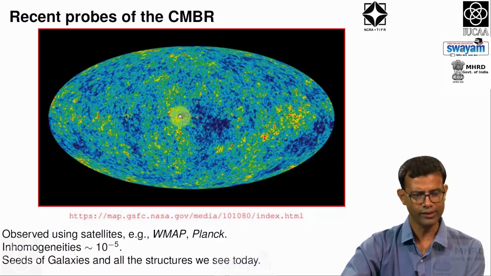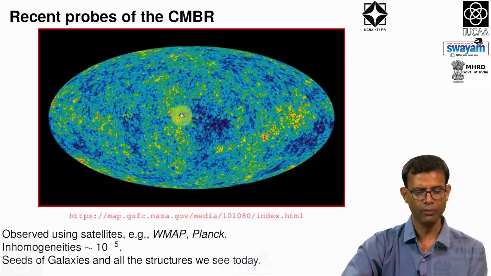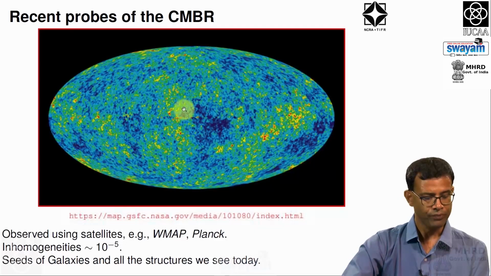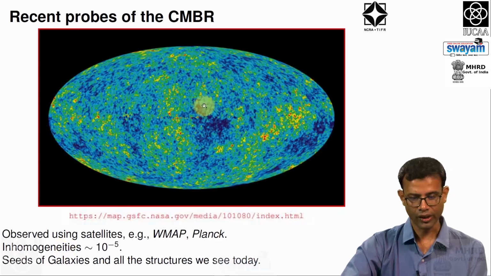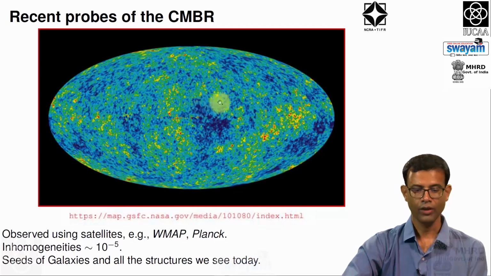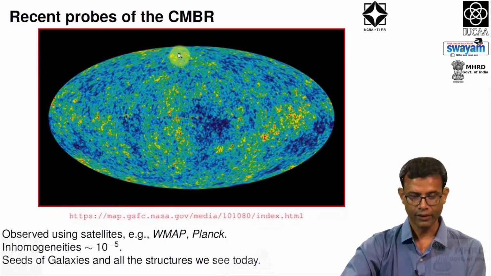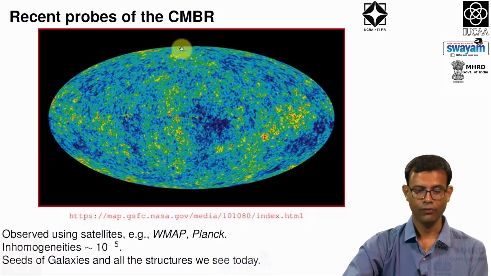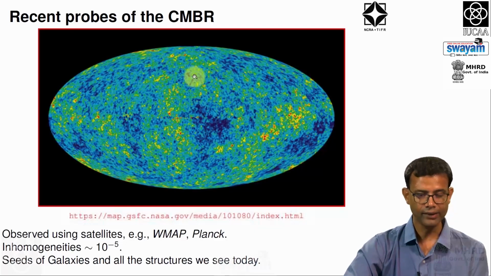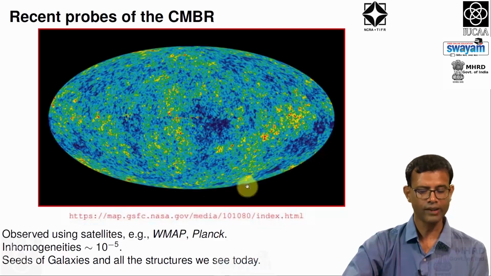These inhomogeneities are extremely important because they actually act as seeds of all the structures we see around us today. Small inhomogeneities at early times during the CMBR would have grown and ended up forming galaxies and clusters of galaxies, the large scale structures, and all the structures we see around us today.